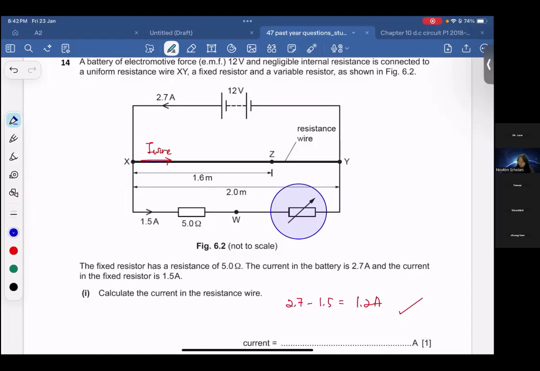Got any idea? Chonghan, yes. Chonghan, correct. How about others? Any of you try and get the R?